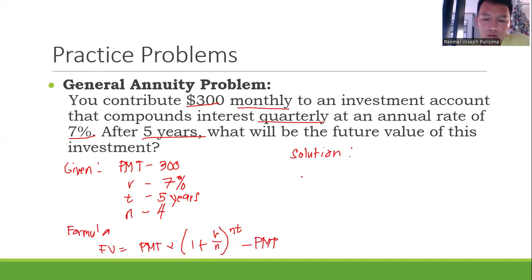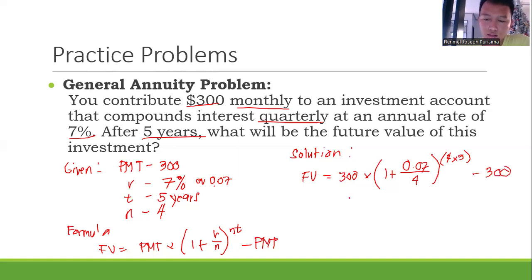FV is equal to $300 times 1 plus r, which is 0.07, over n, which is 4, raised to 4 times t, which is 5, minus 300.